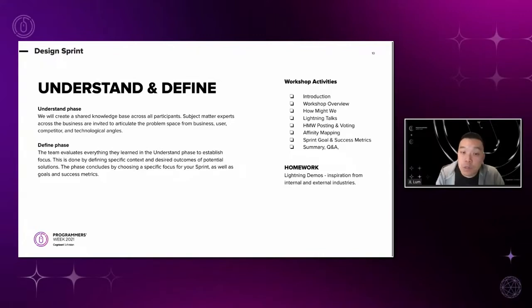So during workshops, you want to be actively taking notes, even though you're facilitating or you're part of the internal team that is helping to manage the participants. You want to make sure that you're actively taking notes and placing how might we's onto sticky notes, whether it's digitally or physically onto a whiteboard.